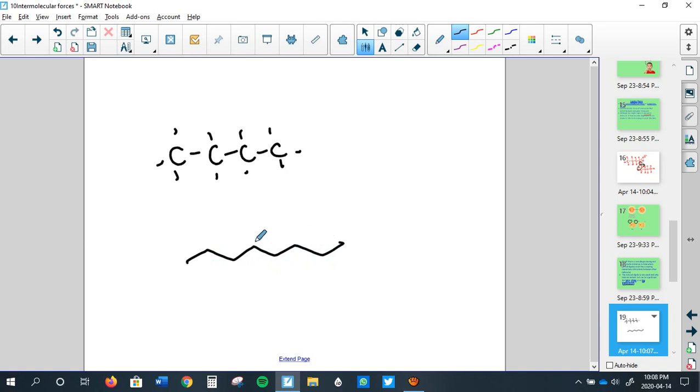Now part of the reason that it is a liquid, if we consider just octane, although that's not entirely the whole picture, is that octane is a larger molecule than butane. It's double the size with 8 carbon atoms, 8 possible places where dipoles can exist, even if for just a moment.